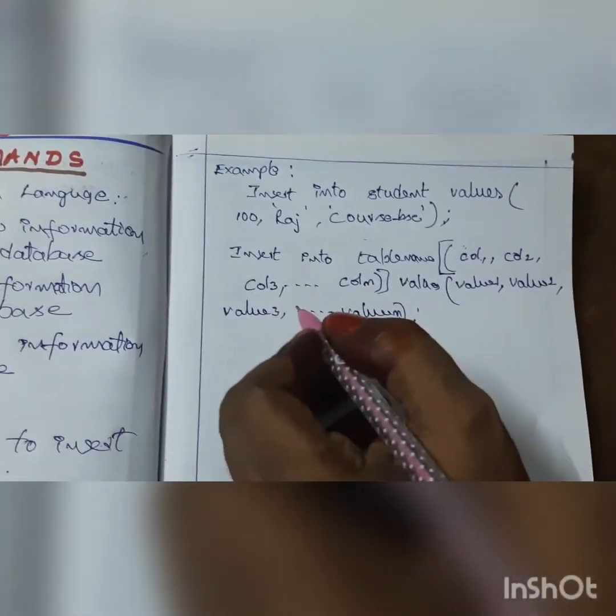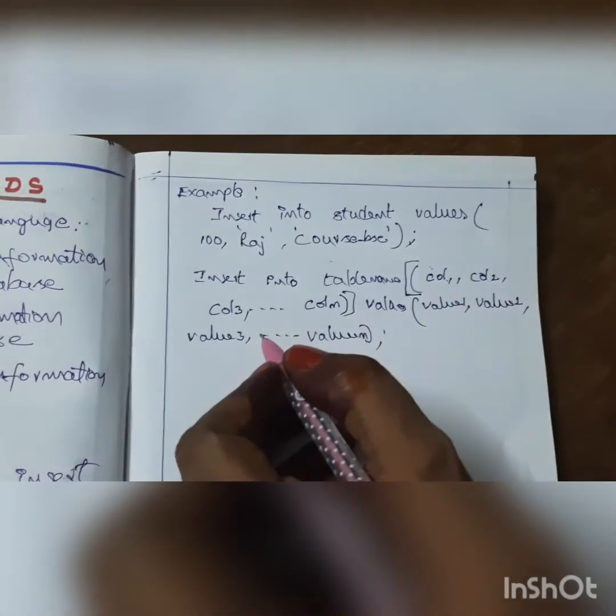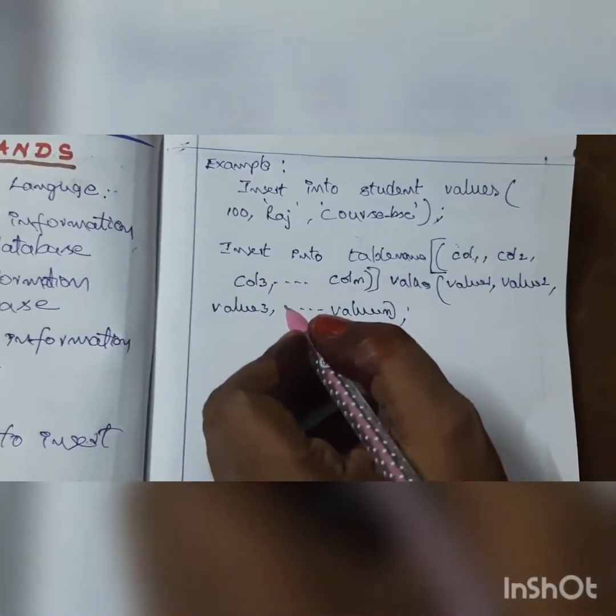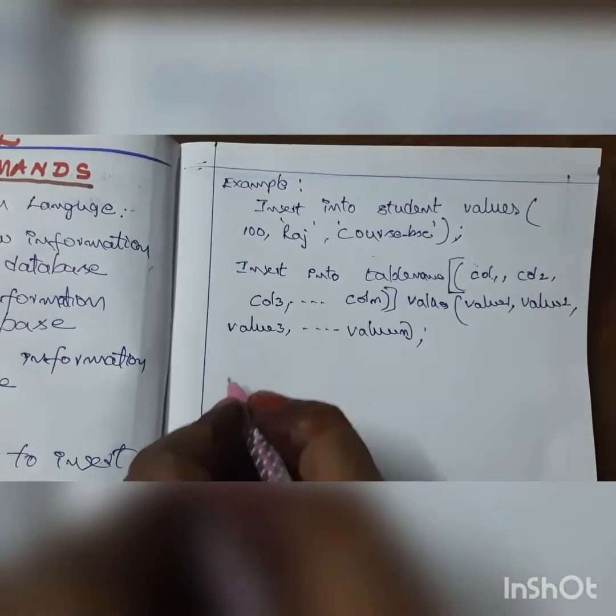Here column 1, column 2, column 3, column n are the names of the columns in the table in which you want to insert data.